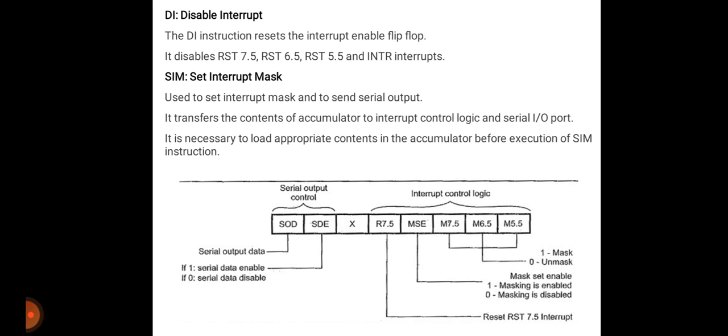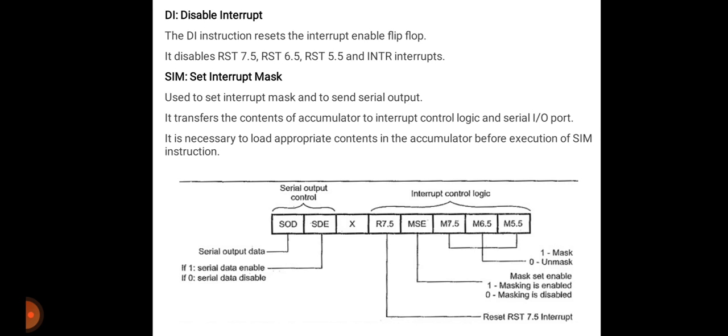Bits 0 to 2 will set or reset the mask bits for RST 5.5, 6.5, 7.5 of the interrupt mask register. Bit 3 is used to enable the functioning of bits 0 to 2, which means it enables or disables the masking control.